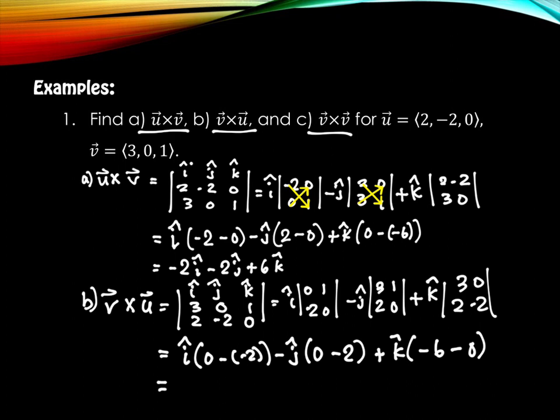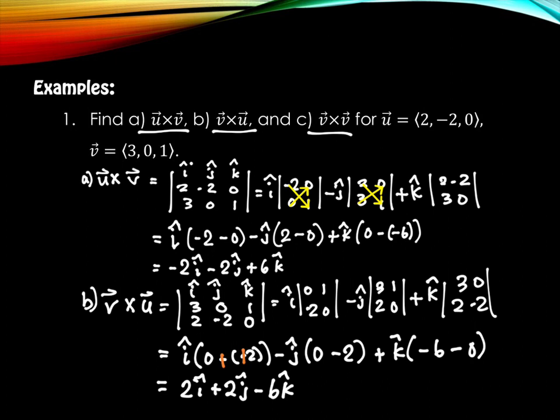All right, so minus negative 2, I have a plus here. So I have 2i. And then I have minus j and times negative 2, so this is plus 2j. And then I have minus 6k.